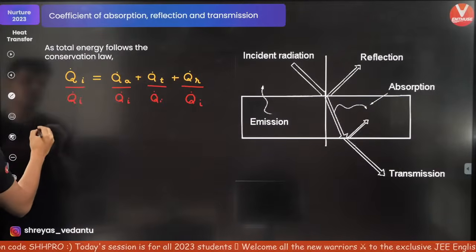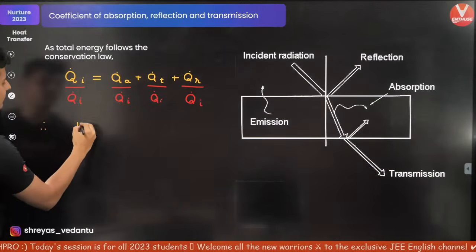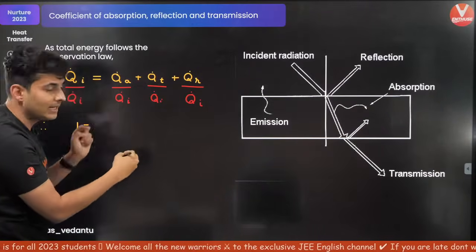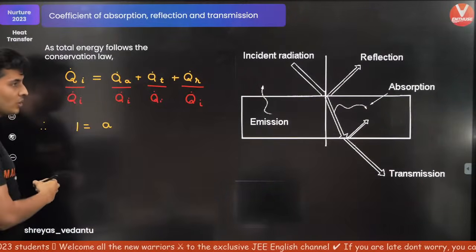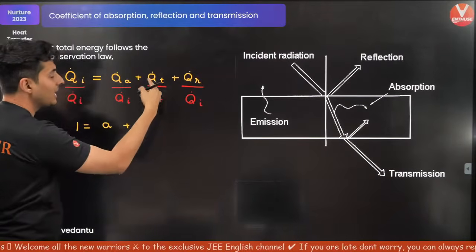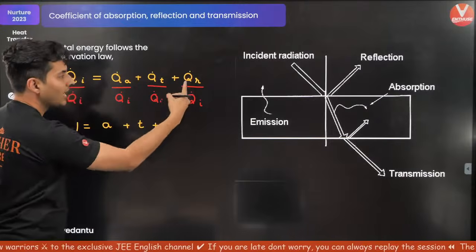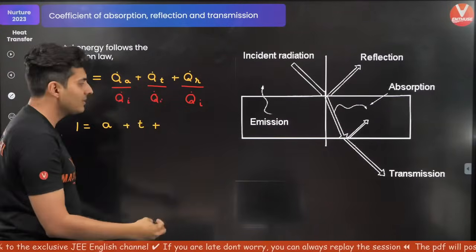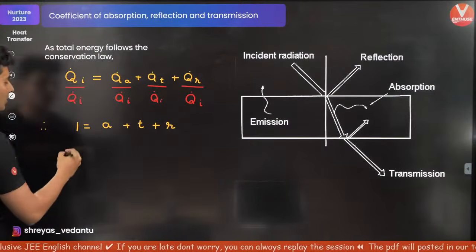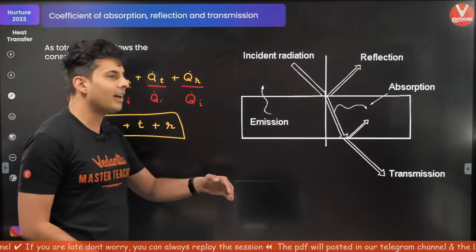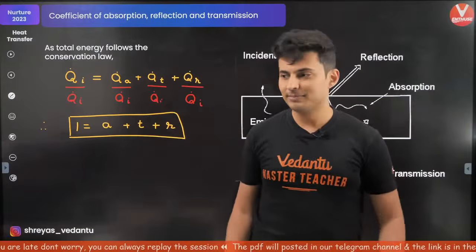Just think, what am I going to get? This is just one. Absorbed energy by incident energy, what is that? That is absorption coefficient. Transmitted energy upon incident energy, that is transmission coefficient, and reflected energy upon incident energy, that is reflection coefficient. So this is what you are going to get. So A plus T plus R will be nothing but 1.